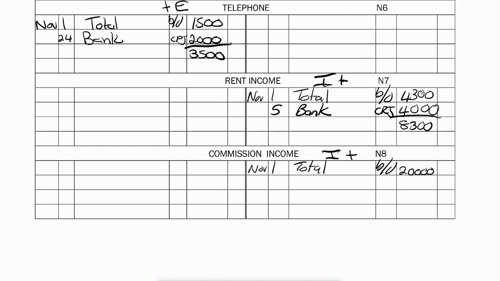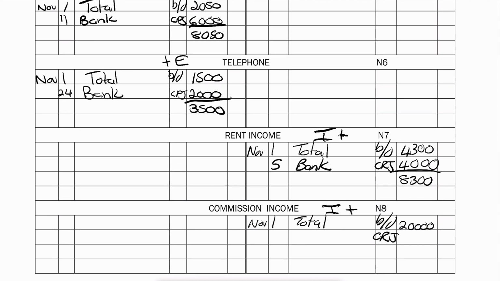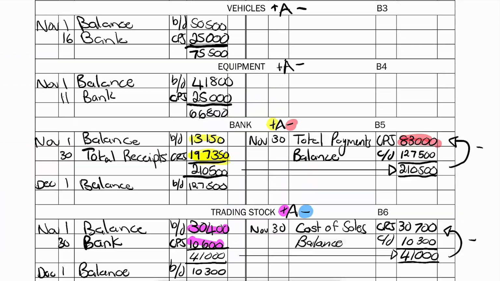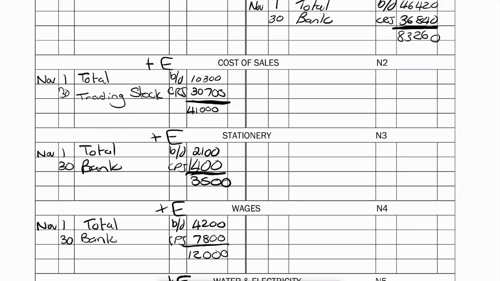Finally, commission income. Again, it's an income that we find in the CRJ. What we would need to do, oh, I see it's slow now. What we would need to do is go up to our CRJ and have a look at where commission income takes place. It does take place on the 26th, on our final day, for 6,510 rand.